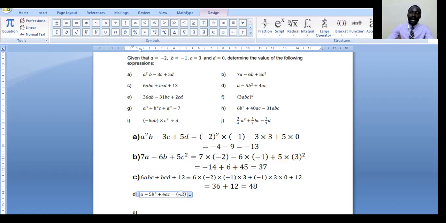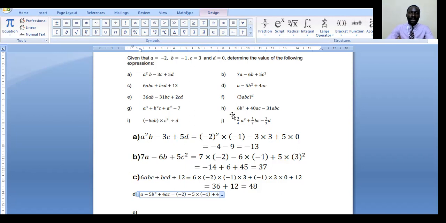Then minus 5 times B, notice that B is -1. So we are going to be having 5 times -1. As I indicated earlier, it's much safer to put the -1 right inside the bracket. Then after that, we would like to include 4ac, that is plus 4ac.